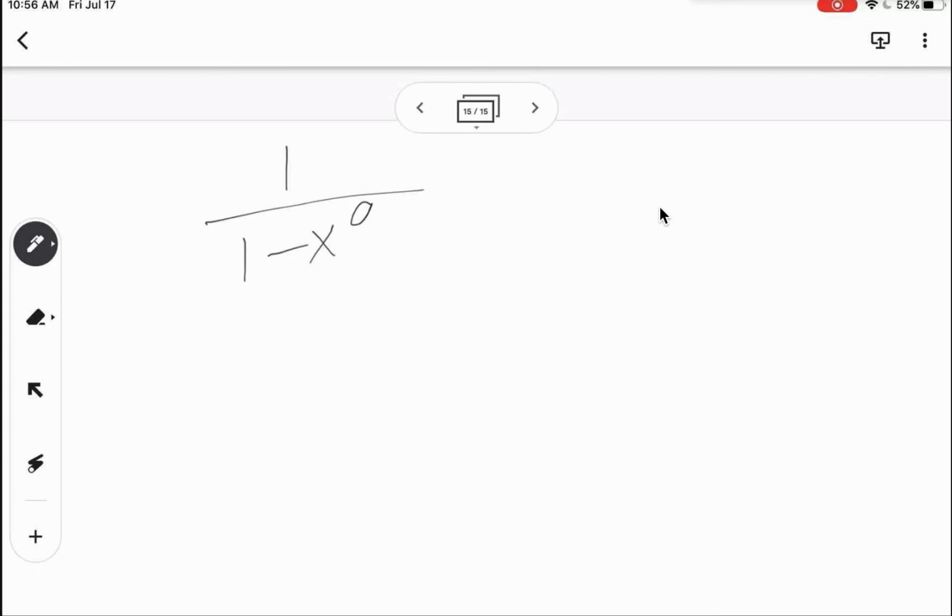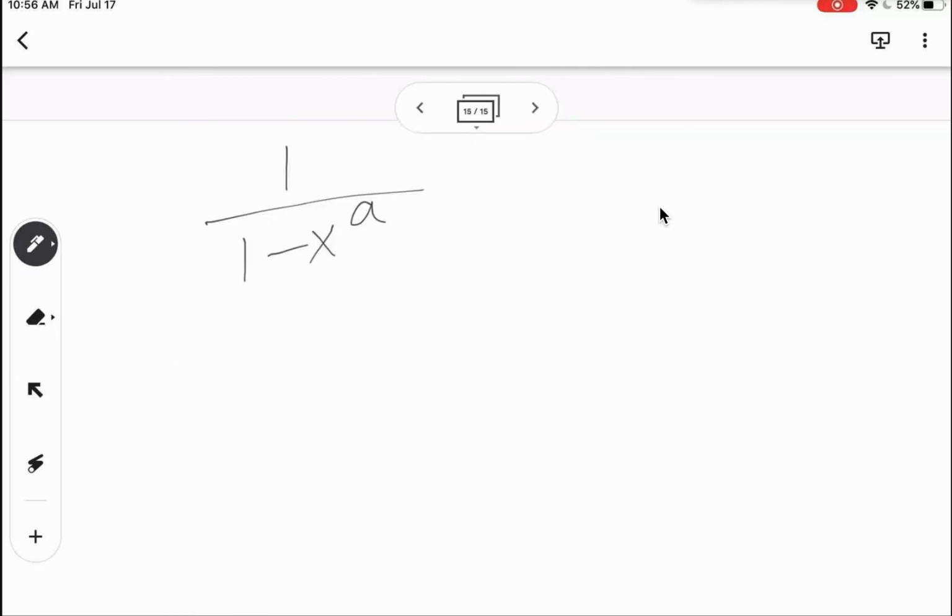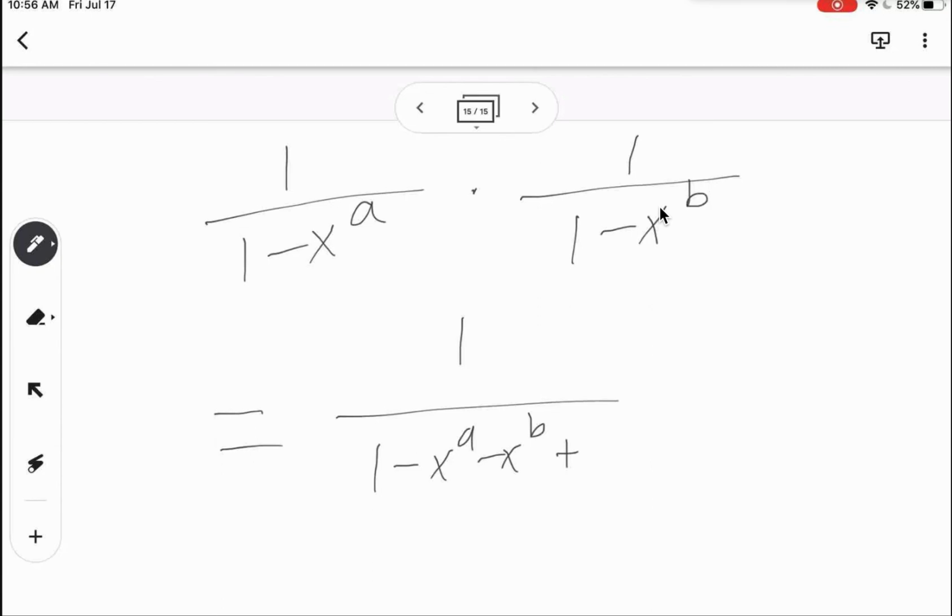So if you remember from before, 1 plus x plus x squared all the way to infinity equals 1 over 1 minus x, right? So this actually would be 1 over 1 minus x to the a, and the b cent coins would be 1 over 1 minus x to the b. So what you would get would be 1 over 1 minus x to the a minus x to the b plus x to the a plus b, right? We just multiplied the bottoms.